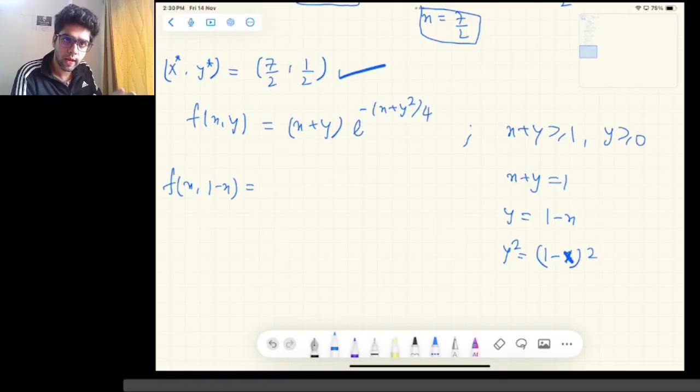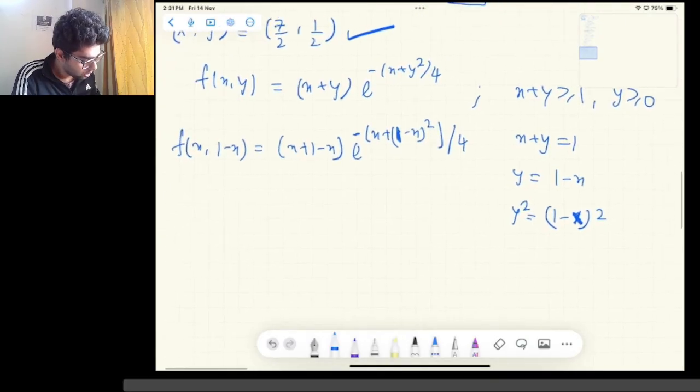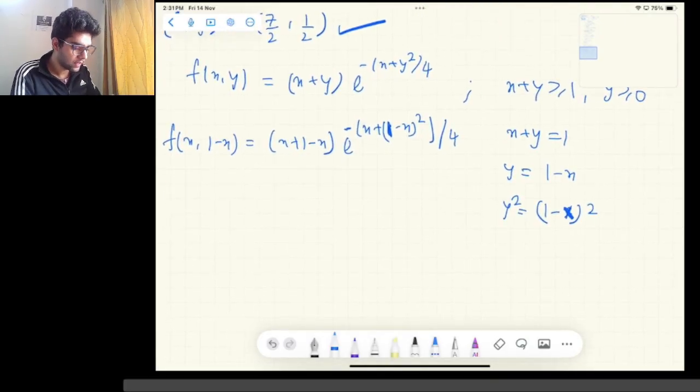So if I substitute x and 1 minus x, this function will become e to the power minus x plus 1 minus x whole square divided by 4, right? So now this will become a function with x only, a single variable function.